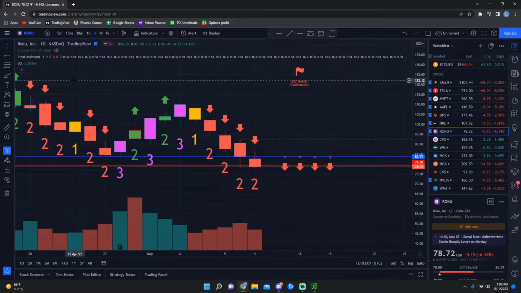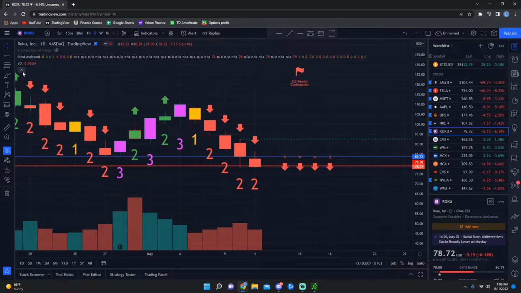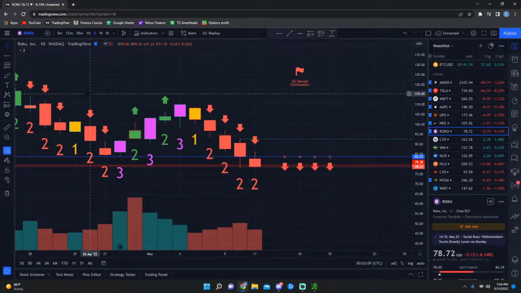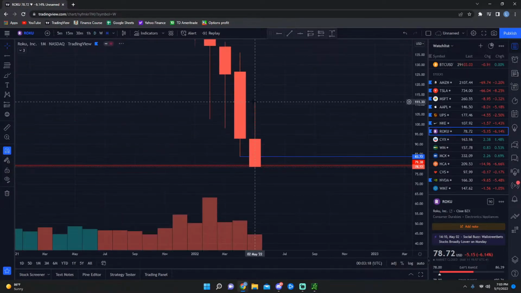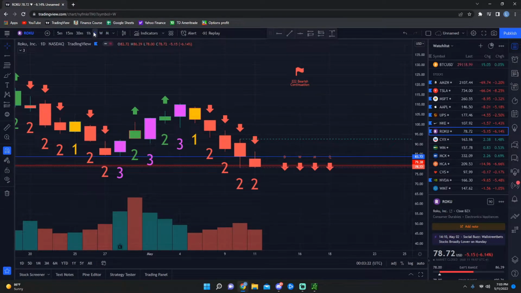How I manage to win a lot and minimize the amount of losses I take is, per the Strat, one important rule: time frame continuity. See how Roku is red on monthly, weekly, every time frame.